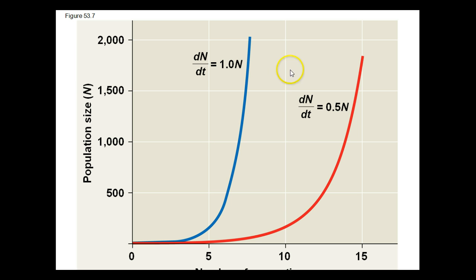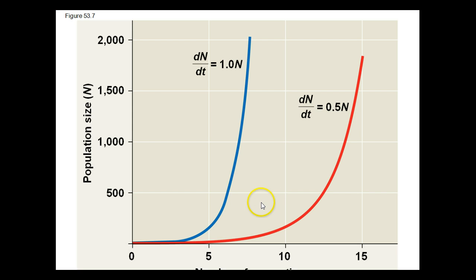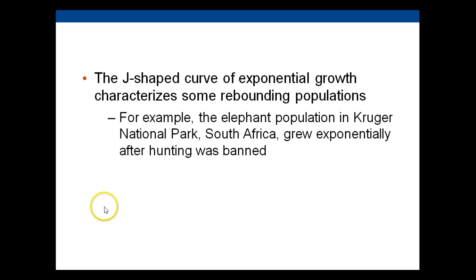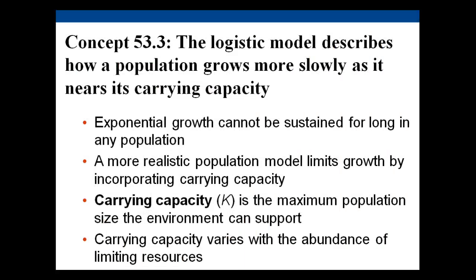So again, change in population over time is your maximum growth rate times your population. An example is the J-shaped curve of exponential growth, which characterizes some rebounding populations, like the elephant population growing exponentially once hunting was banned. And so you have to look at what that is.